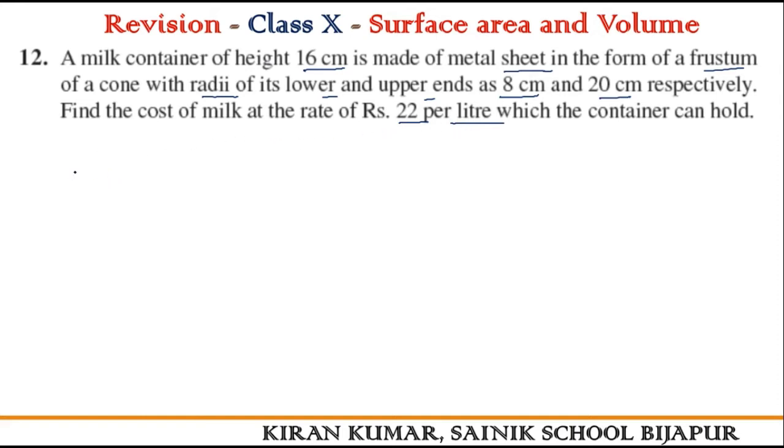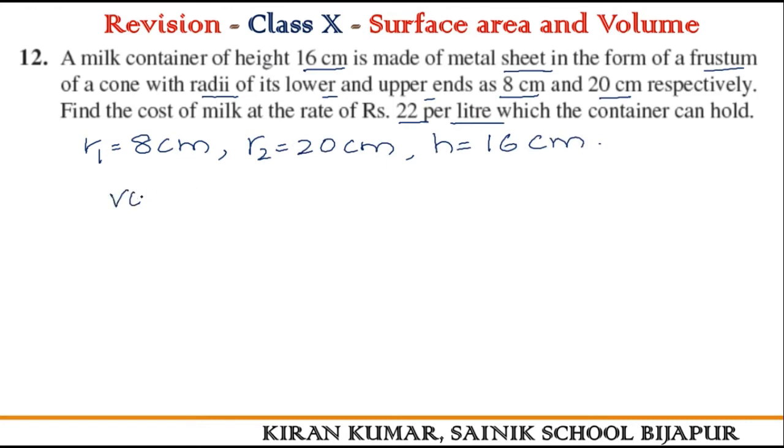So here it's a direct question of finding volume. Let me write the lower base radius with the letter R1. It is 8 centimeter. The upper radius is R2, 20 centimeter, and the height is given. The height of the frustum of cone is 16 centimeter.